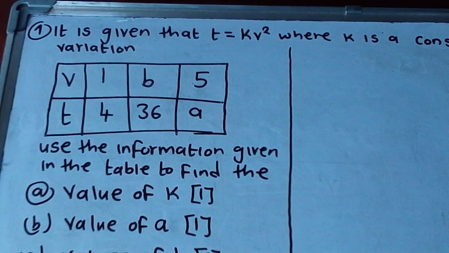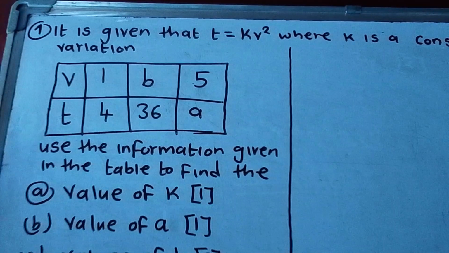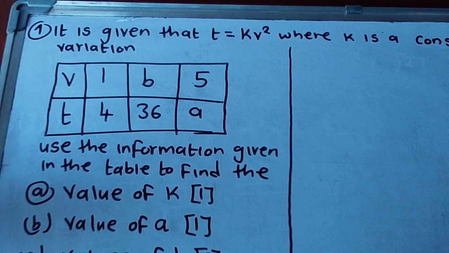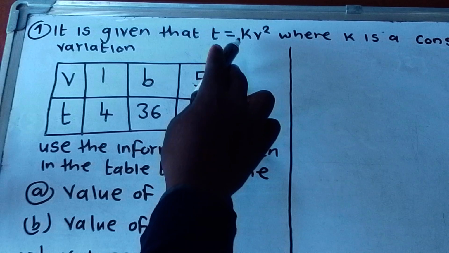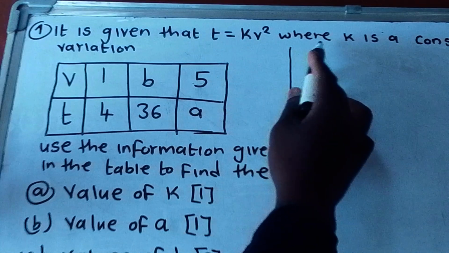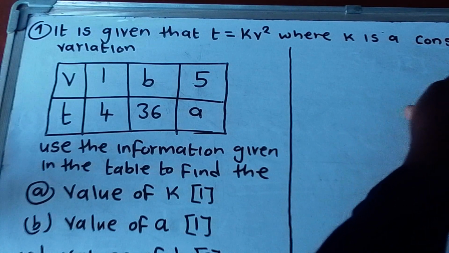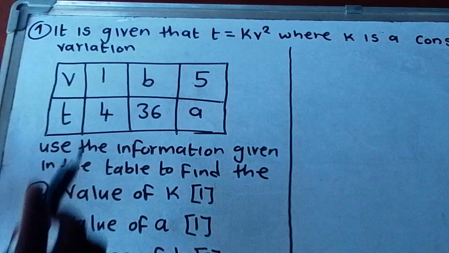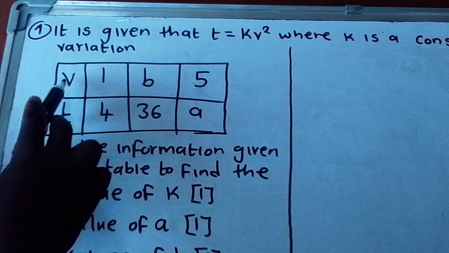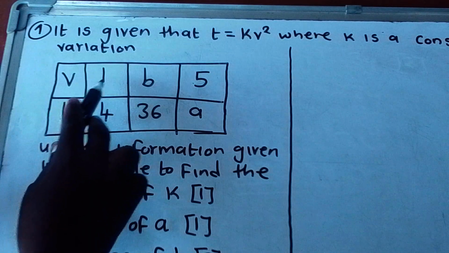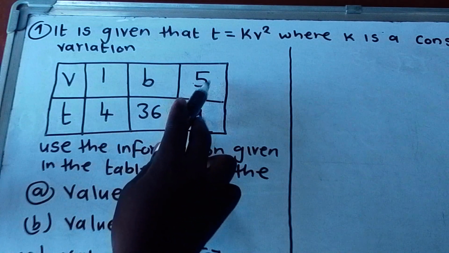This is the question. It says it is given that T is equal to KV squared, where K is a constant of variation, and you have been given a table of V over T. The values for V are 1, b, 5.